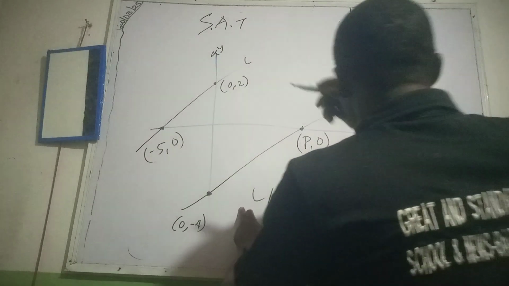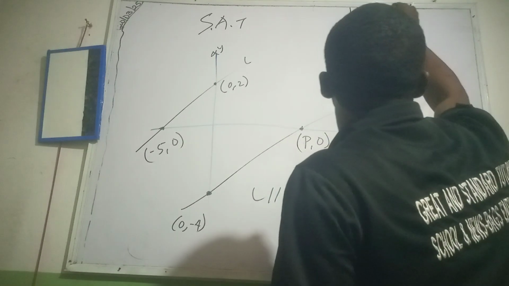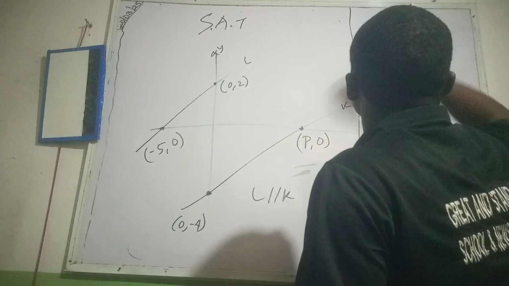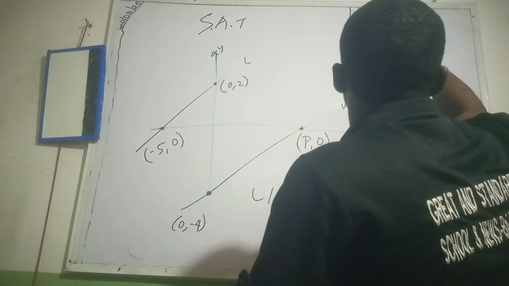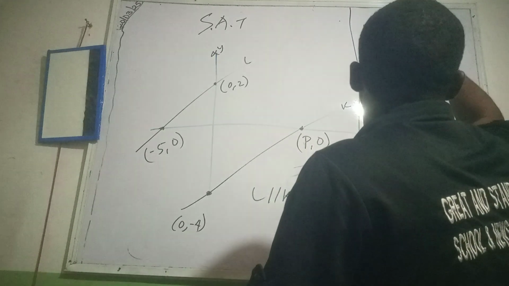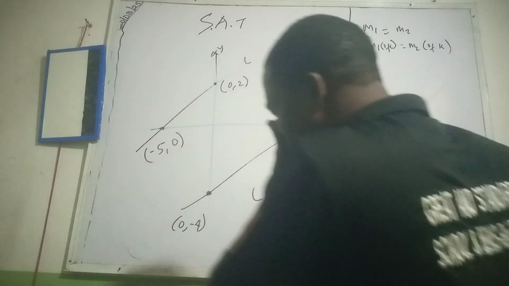If the lines are parallel, that means the slope will be the same. It means M1 will be equal to M2, that is M of L will be equal to M of K. So now let's go.